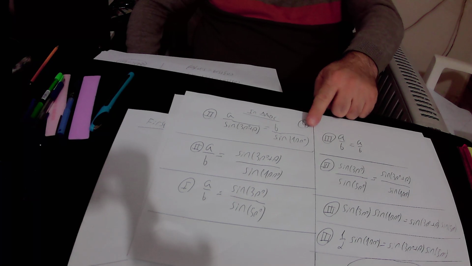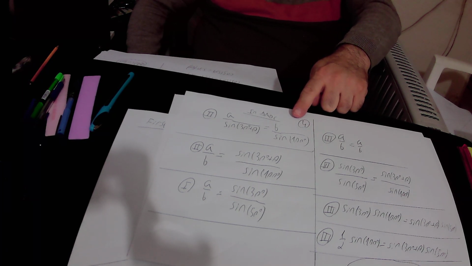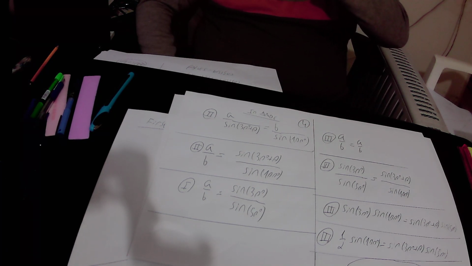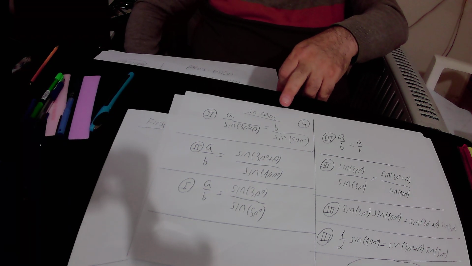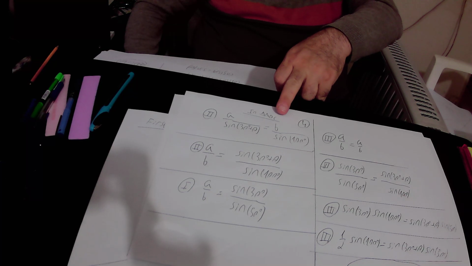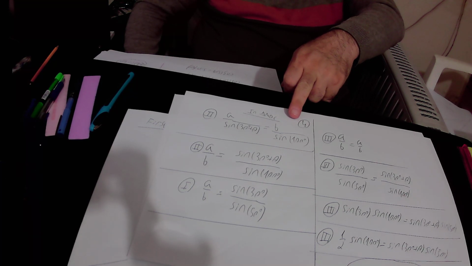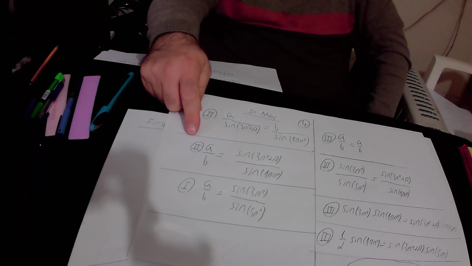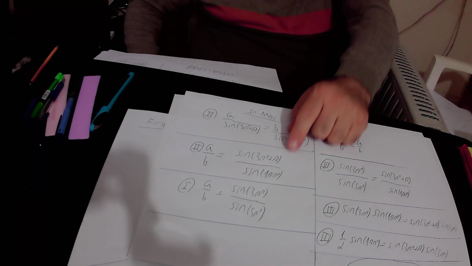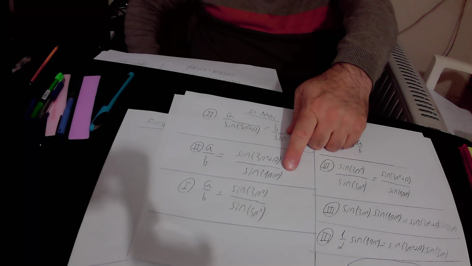Here we cross multiply this equation. We divided this equation by B, and then we multiplied by sine 30 degrees plus theta, and we got that A over B according to equation number 2 equals sine 30 degrees plus theta over sine 100 degrees.